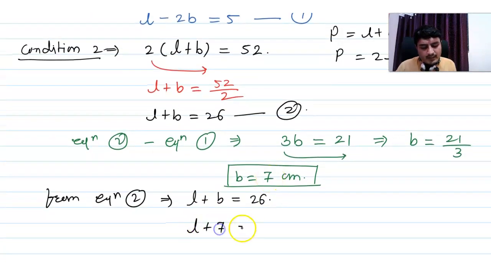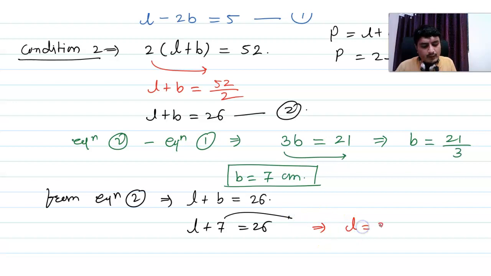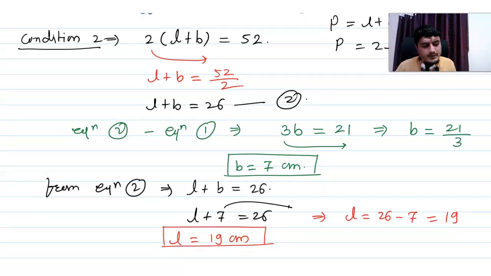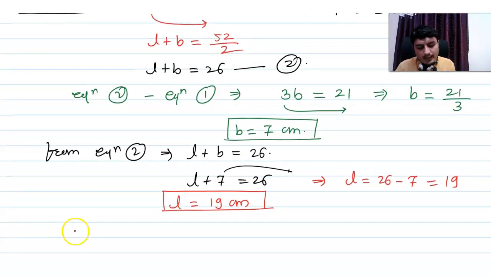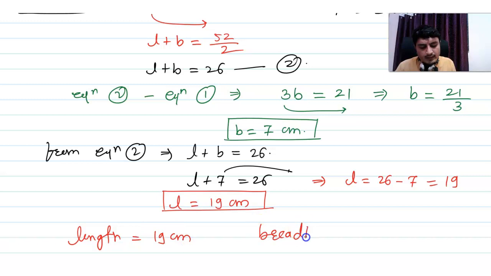So L plus 7 equals 26. Shifting 7 from LHS to RHS, L equals 26 minus 7, that is 19. So the length of the rectangle is 19 centimeters. So at last, the answer is: the length of the rectangle equals 19 centimeters, while the breadth of the rectangle equals 7 centimeters.